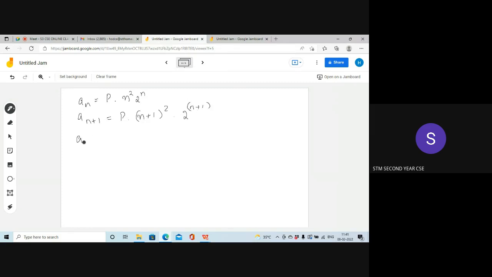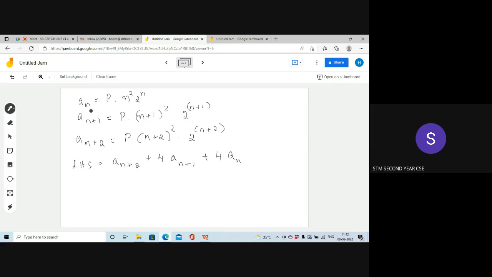Then a n plus 2 is equal to p into n plus 2 the whole square into 2 raised to n plus 2. Now we have to substitute in LHS. LHS is equal to a n plus 2 plus 4 into a n plus 1 plus 4 into a n.